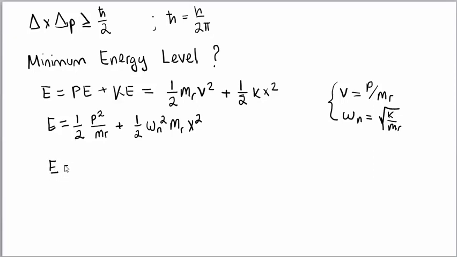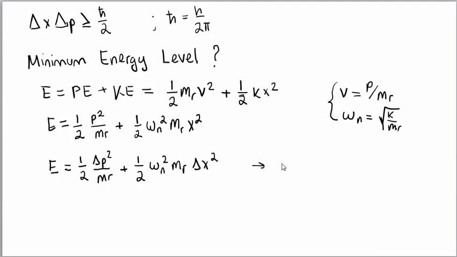So energy is, in fact, 1/2 of delta p squared over the reduced mass plus 1/2 of omega sub n squared times the reduced mass m sub r times delta x squared. All right. So from here we use Heisenberg's uncertainty principle.